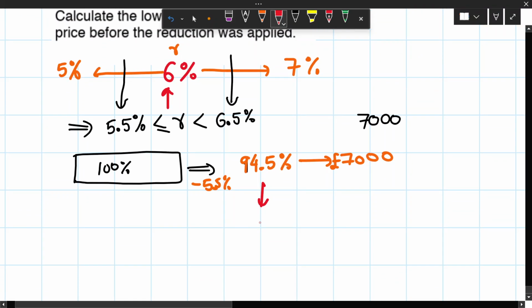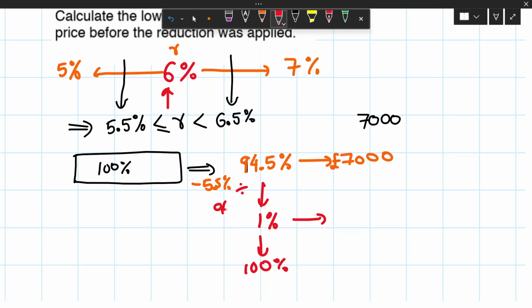For this, first let's find what is 1%, and then multiply that by 100 to get 100%. So we divide by 94.5, then multiply that number by 100.